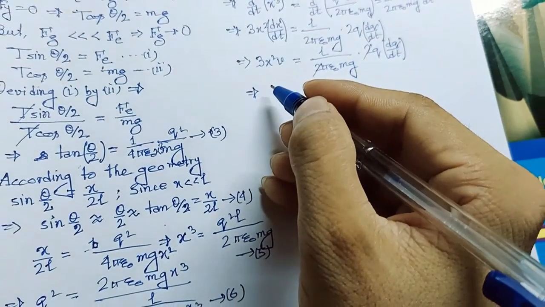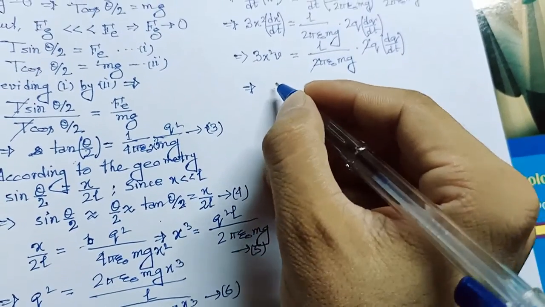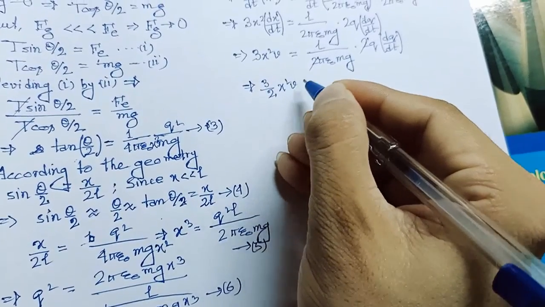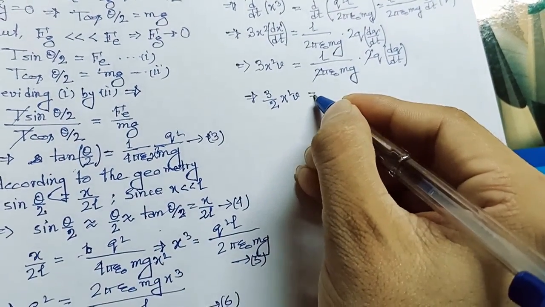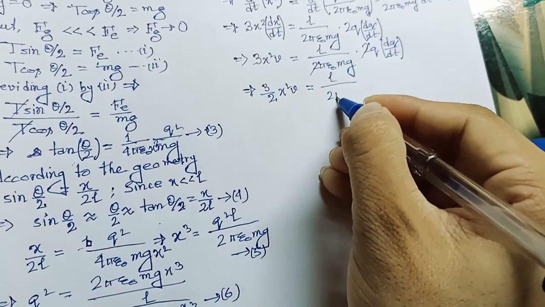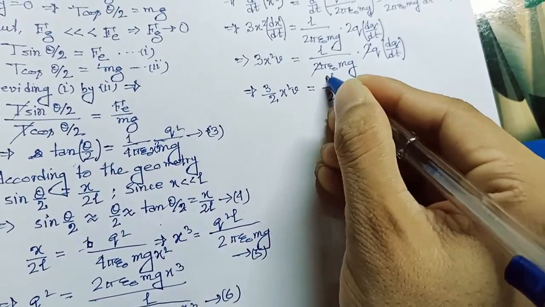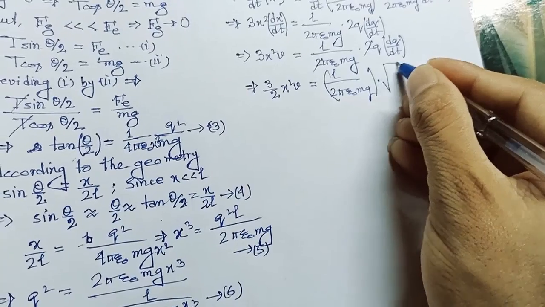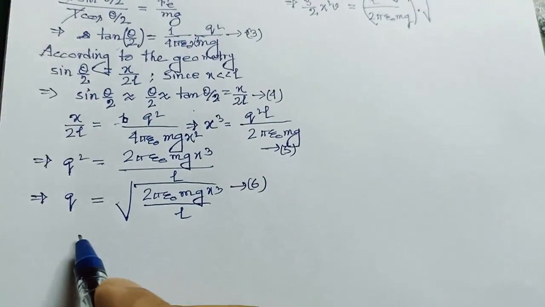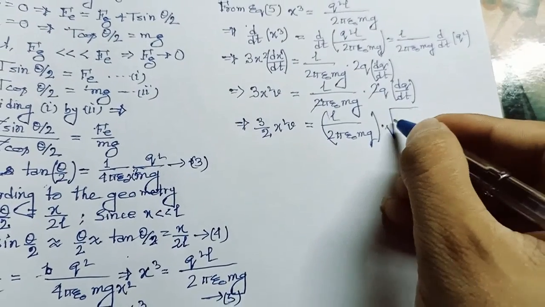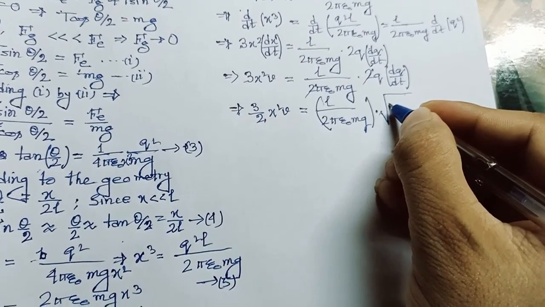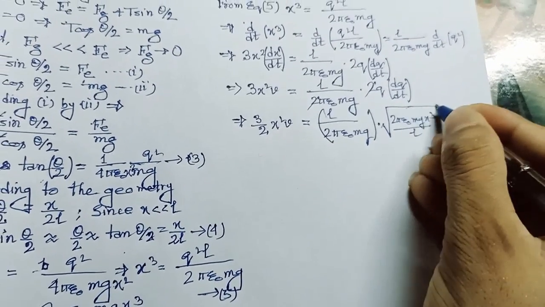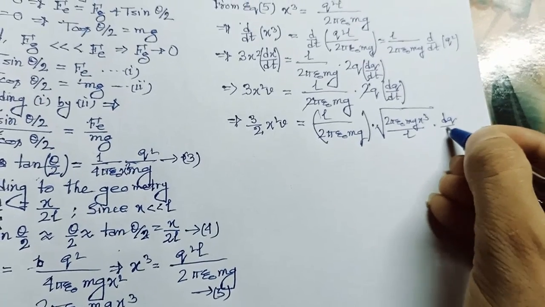If we cancel this term, then we can write 3 divided by 2 x square v will be equal to l divided by 2 pi epsilon naught mg into, now if we substitute the value of q from equation number 6, because from equation number 6 we already got the value of q, so if you substitute that value, then we can write under root 2 pi epsilon naught mg x cube divided by l instead of q, and again this is multiplied by dq with respect to dt.